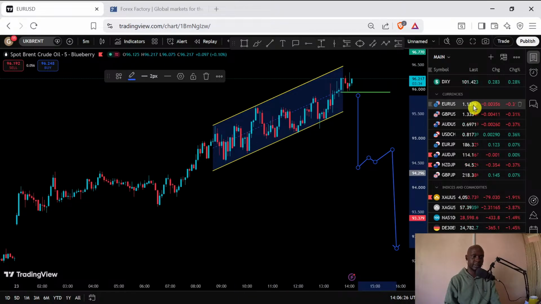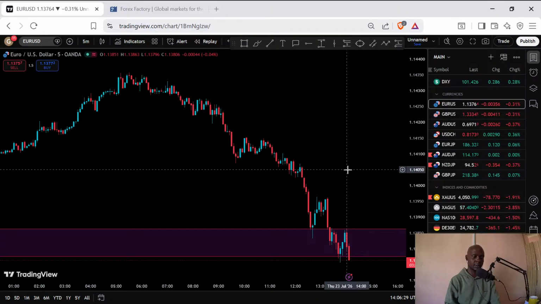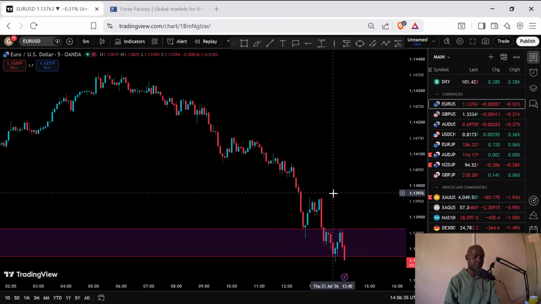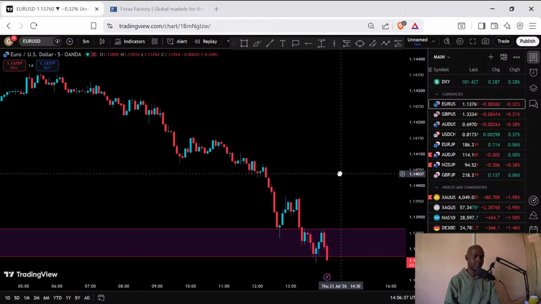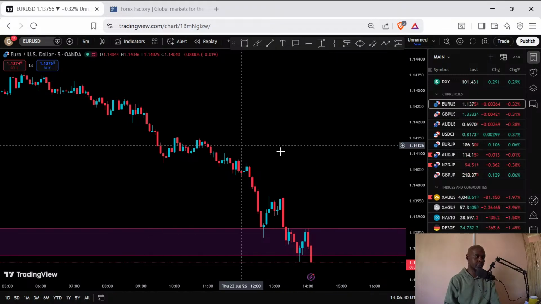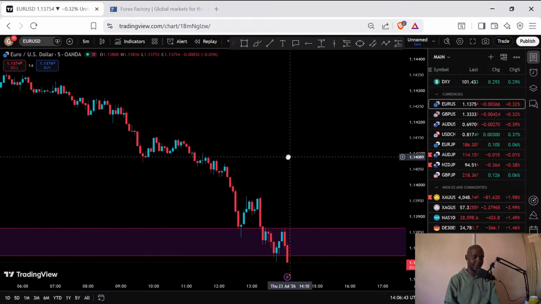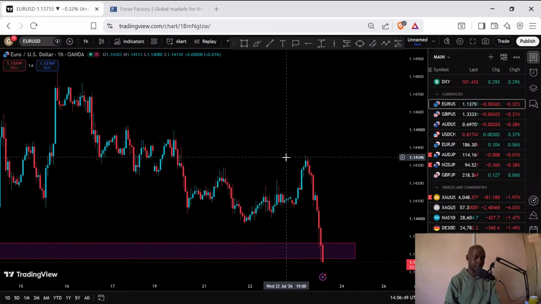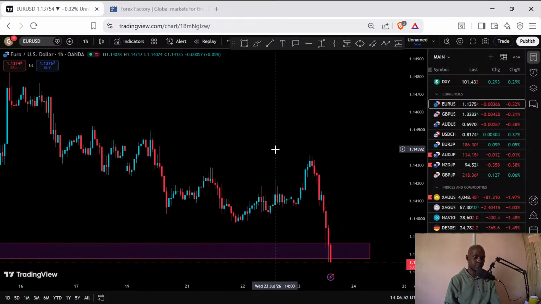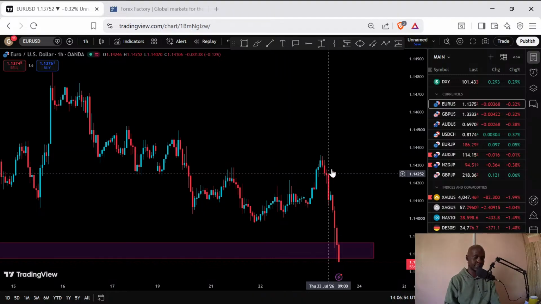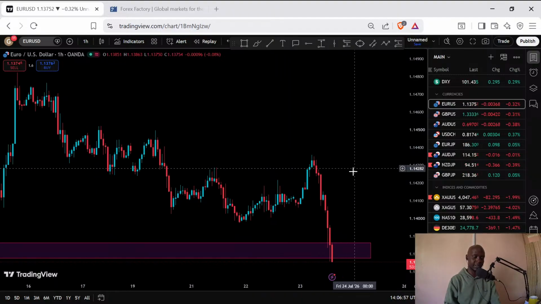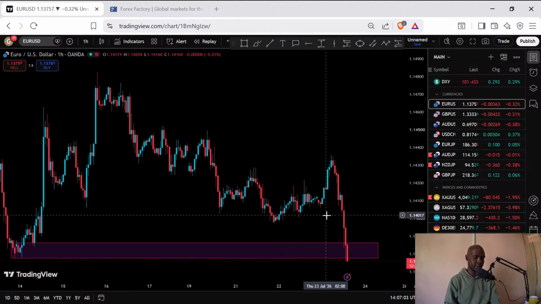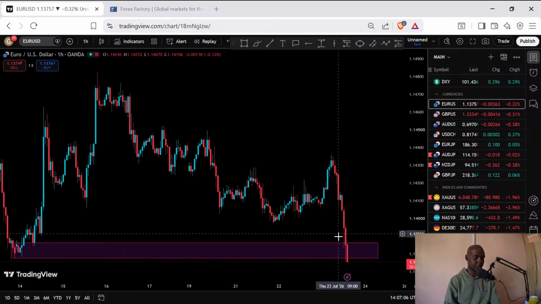Euro USD. On the 1 hour we can see clearly we have really strong selling pressure, but I'll not be looking to get involved.